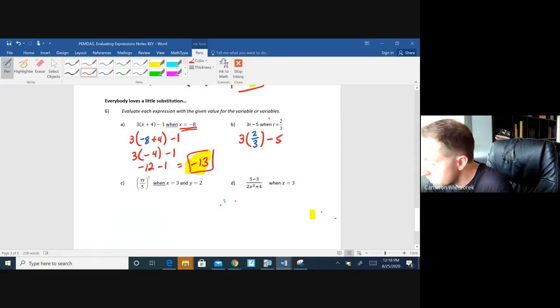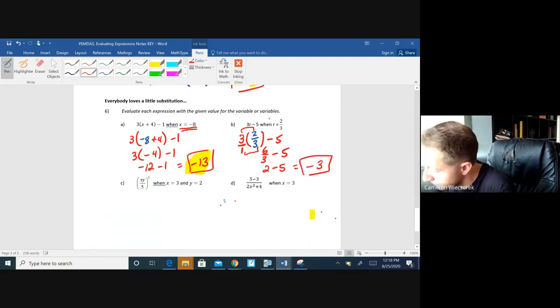If you multiply by a fraction, it helps if you put the 3 over 1, because then you can multiply the tops together and you can multiply the bottoms together. This would be 6 over 3 minus 5. And 6 divided by 3, if you see a fraction bar, that's division. 6 divided by 3 is 2. Minus 5 would be -3.